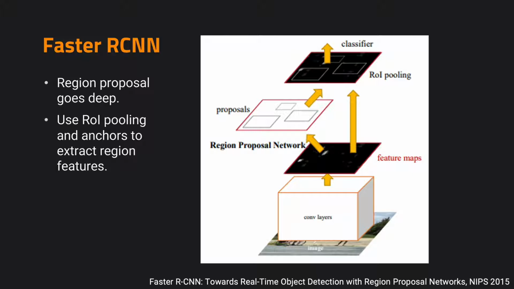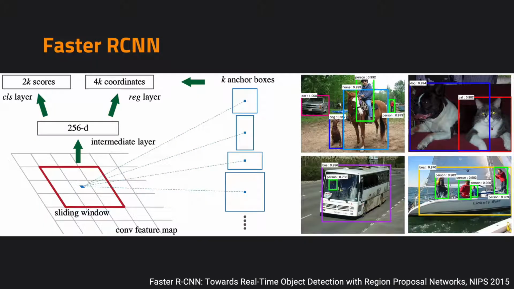And of course, why don't we make that region proposal deep and use deep learning to learn how to propose informative regions? That's what Faster R-CNN is doing. It proposes a region proposal network and uses ROI pooling and anchors to extract region features. It means that at each image location we put a set of anchors.